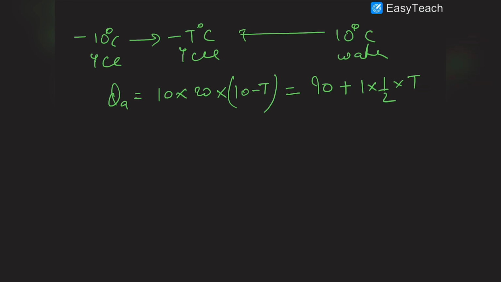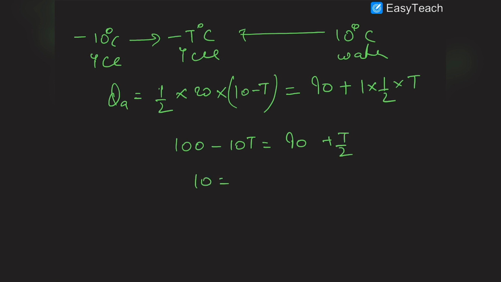So this is, you can see, mass of ice is 20 and specific heat is half. So this is 100 minus 10T is equal to 90 plus T by 2.